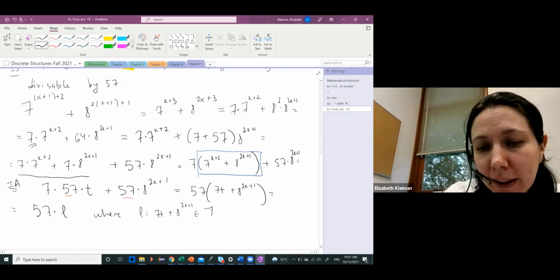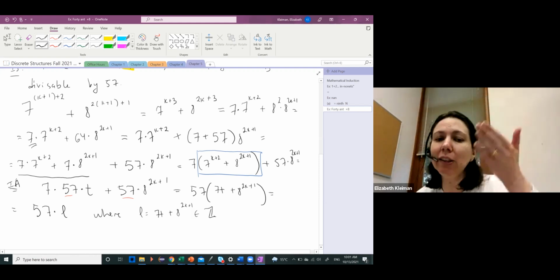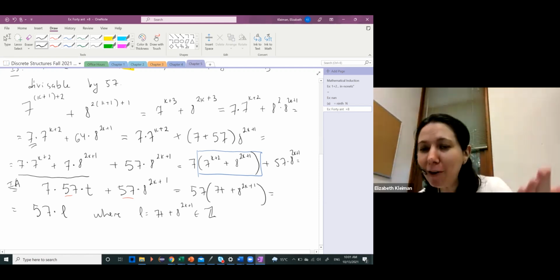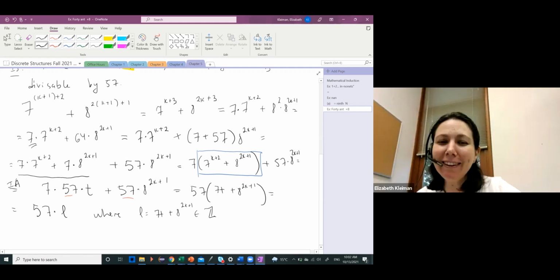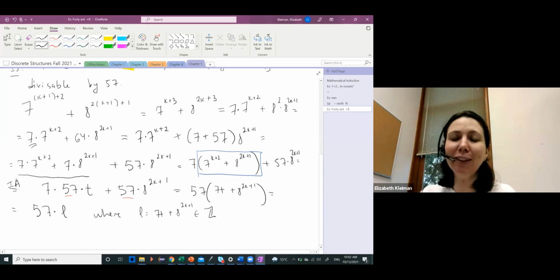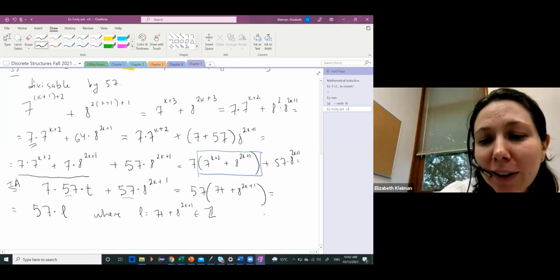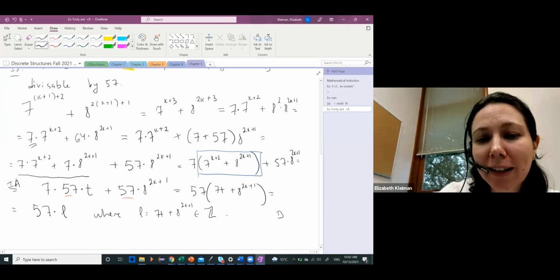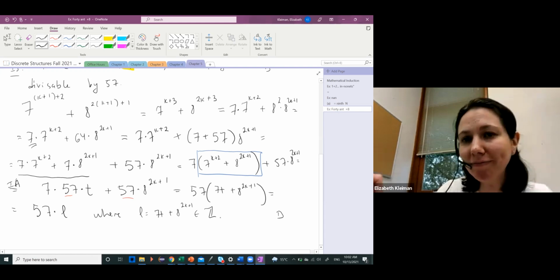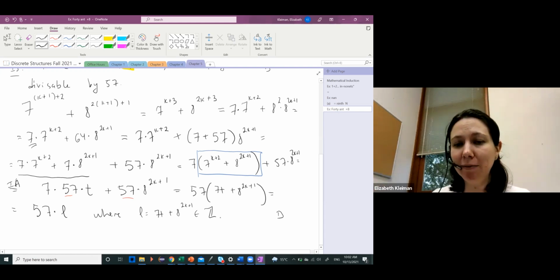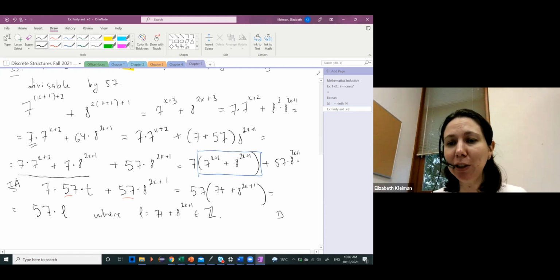And of course, it's an integer because t is an integer and 8 to the power is an integer, correct? Because k is a positive integer. So guess what? We are done. It is divisible by 57. Do you see it? Because it's 57 multiplied by something.